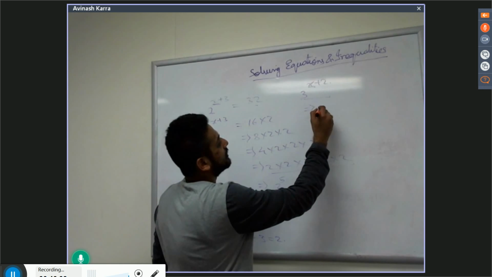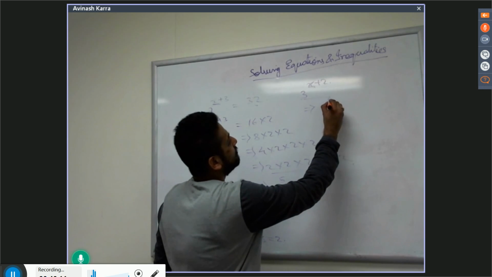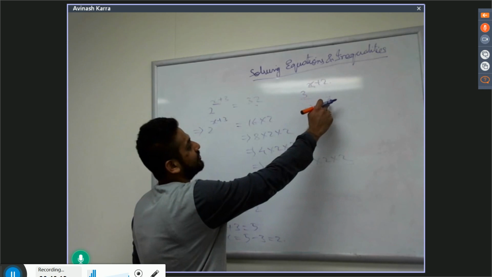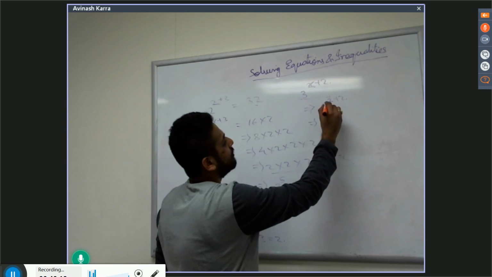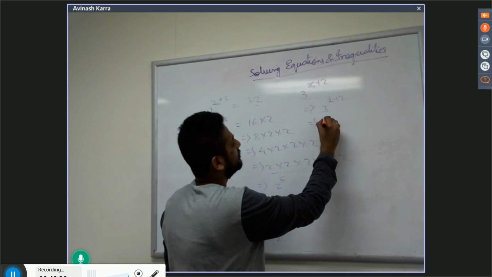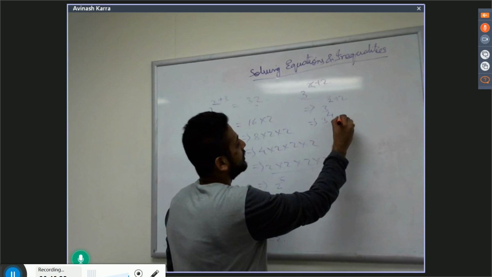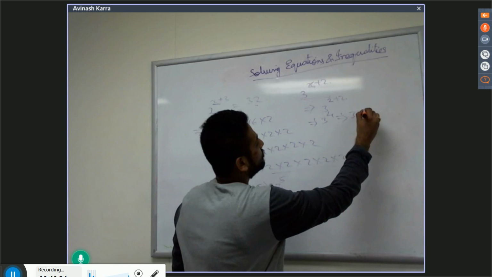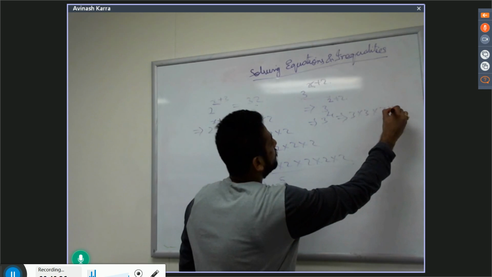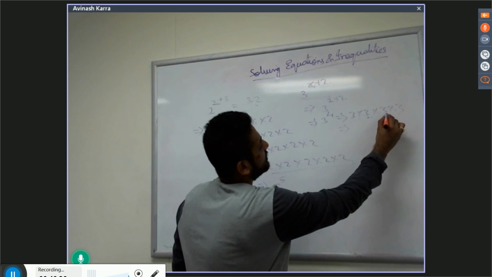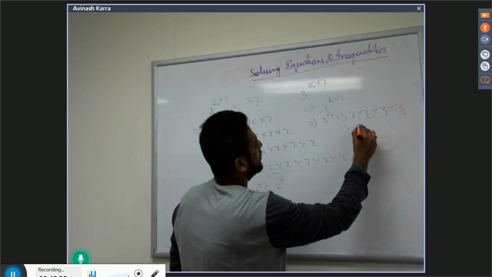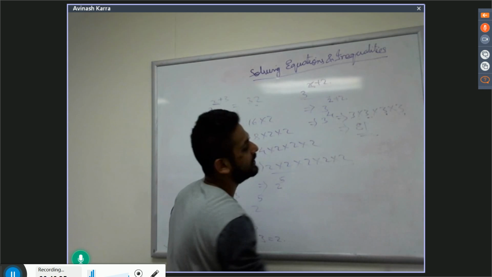It becomes 3 to the power of, in place of x, I'm substituting 2. 2 plus 2. So, 3 to the power of 2 plus 2 is 4. 3 to the power of 4. If I expand it, 3 into 3 into 3 into 3. 3 3s are 9. 9 3s are 27. 27 3s are 81. So 81 is the answer.